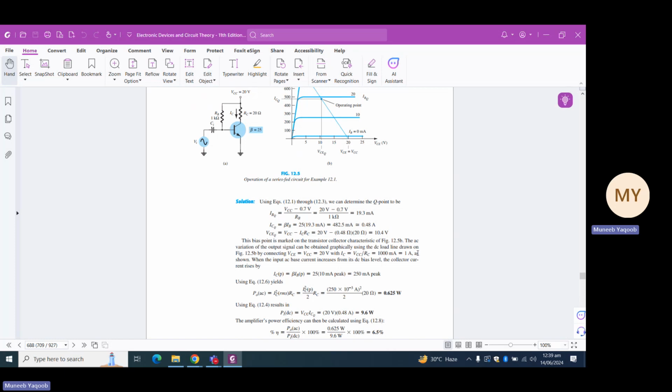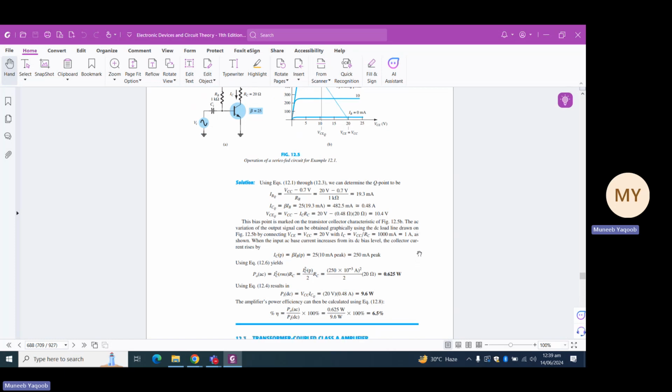Now for efficiency, it's PAC upon PDC multiplied by 100%. So we got the answer as 6.5%. So the conclusion is that the maximum efficiency of a class A power amplifier is 25%, while for practical circuits, it is less than 25%.